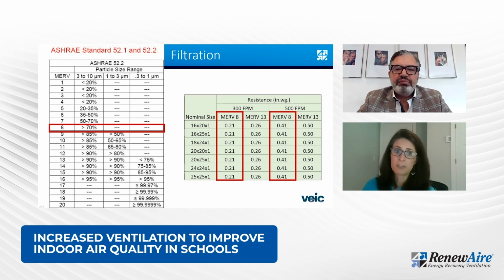I'm showing this table. This is from a common filter manufacturer and shows that there is about a 20% increase in pressure drop from a MERV 8 to a MERV 13 in the same depth filter. And some of the customers I've worked with, when there were concerns that this was going to decrease the airflow from their unit across the filter, were able to reach out to their filter supplier and ask for a sample.